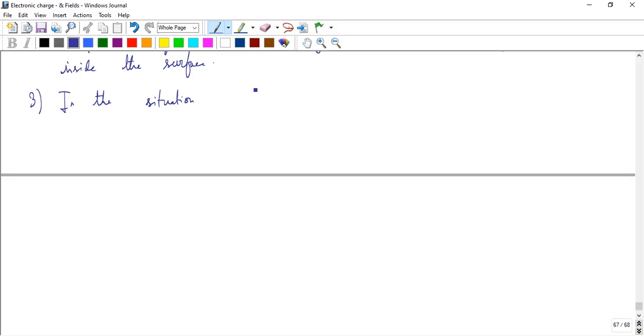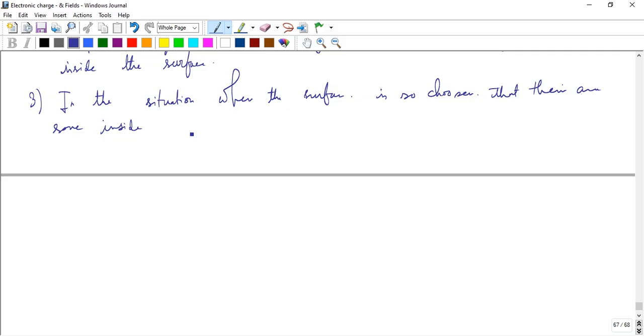Number 3 point. In the situation when the surface is so chosen that there are some charges inside and outside, the electric field is considered. The charge can be anywhere enclosed by the surface, not only at the center, any point.